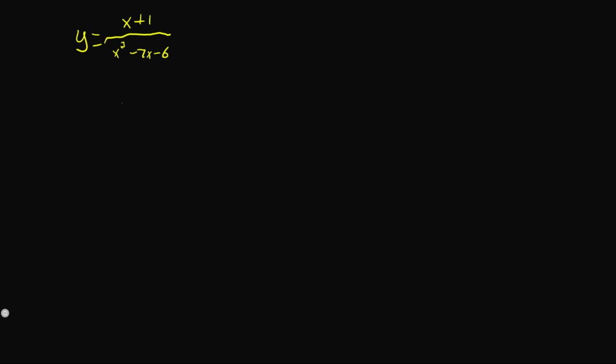So we can try to factor this, and if we can't, then we're going to just say that there is no factor, and we'd have to look at the asymptotes where x cannot equal some number. Go ahead and use our synthetic division where we have plus or minus 1, plus or minus 2, plus or minus 3, and plus or minus 6.